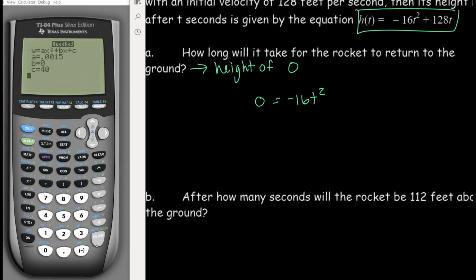H of t. Okay, so there's multiple ways we can do this. Either we can do just like the other problem and use our calculator, or what is the easiest way to solve a quadratic that doesn't have a c?